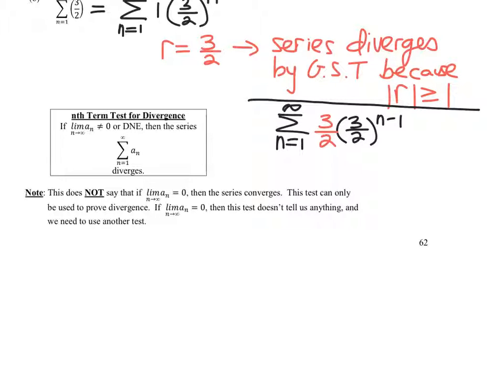All right, so what is the nth term test? If the limit of your sequence, all right, so we're going to use a characteristic of a sequence to help us make a conclusion about a series.